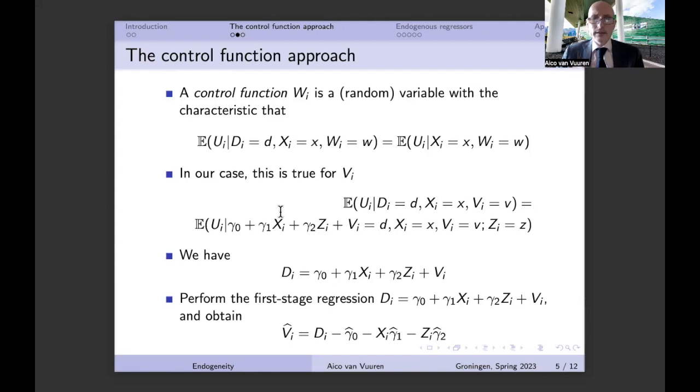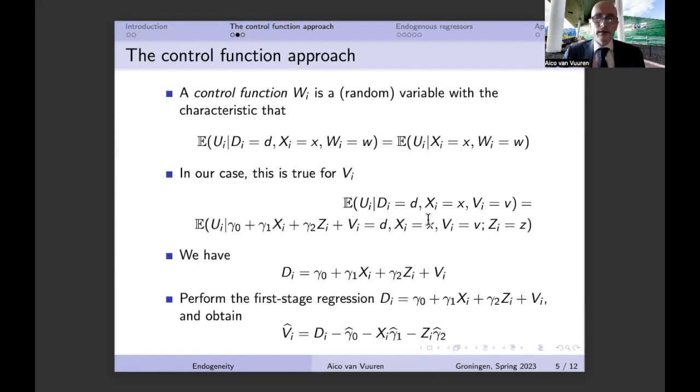Take into account that this is something essential, even though it seems to make no big difference if I write a small x instead of a large x. Actually, it is a big difference. The reason is that a large x is stochastic, so it can be anything. We do not beforehand know what it is. But here we condition on the fact that we only look at x_i equal to little x.